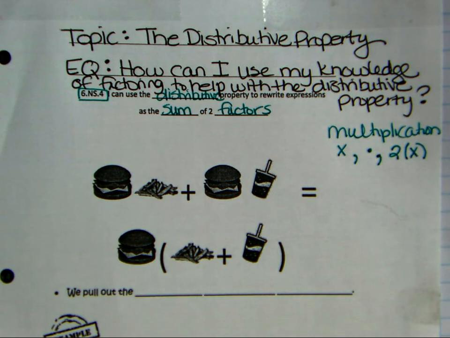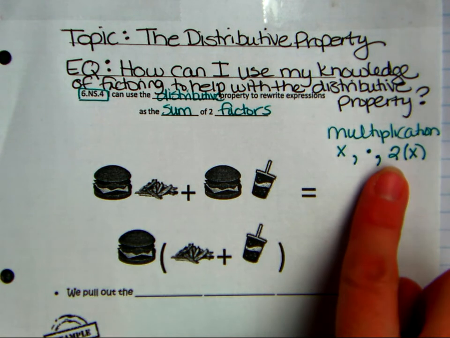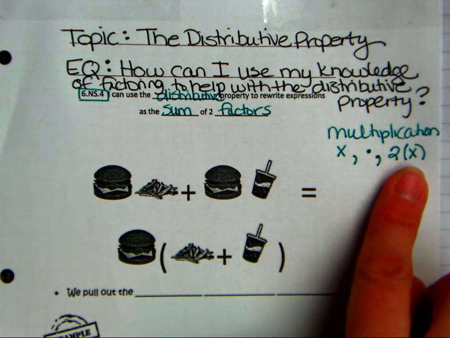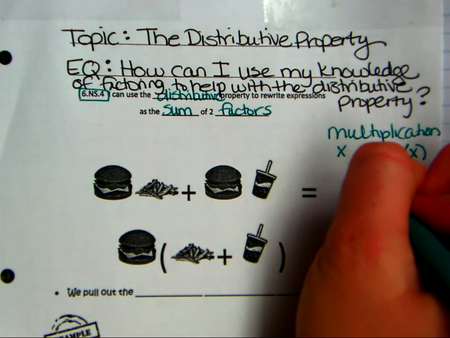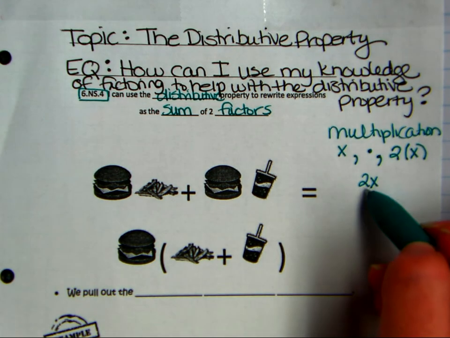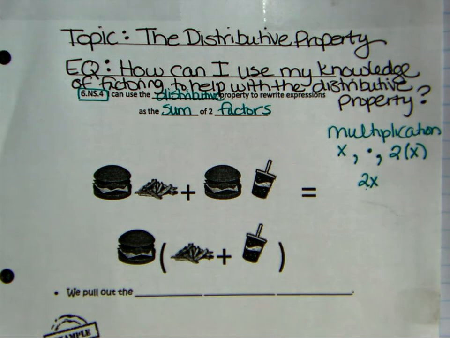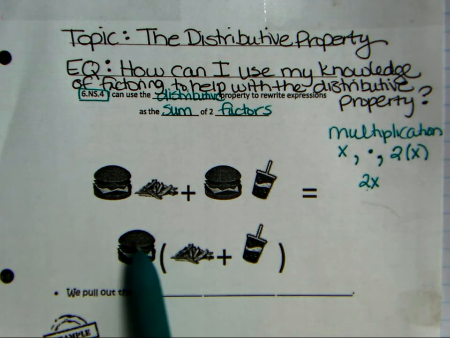And anytime you have this number next to this parentheses, or a variable next to the parentheses, that means you're going to multiply by anything within the parentheses. So these are three different ways. You could also have a fourth, which is just putting the variable directly next to the number, which we'll use when we get more into algebra as well. But for right now, we're going to focus on this way of demonstrating it with the number directly next to the parentheses.